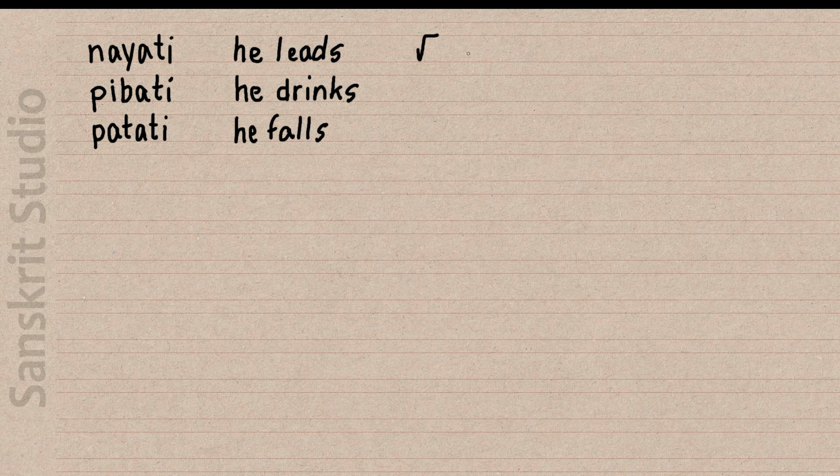So whatever I'm going to write here now is the root. And for nayati, the root is ni. So this is the base combination of letters, which is theoretically used to categorize nayati and all its forms, because this is just the present.